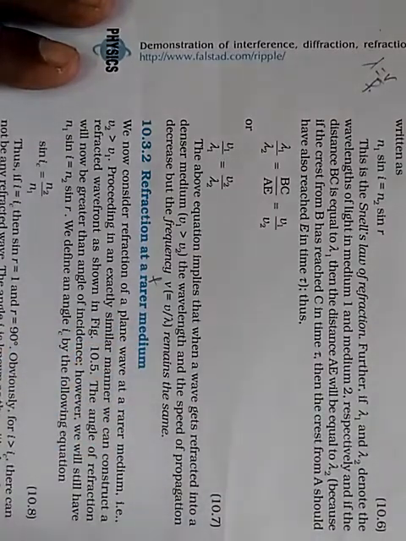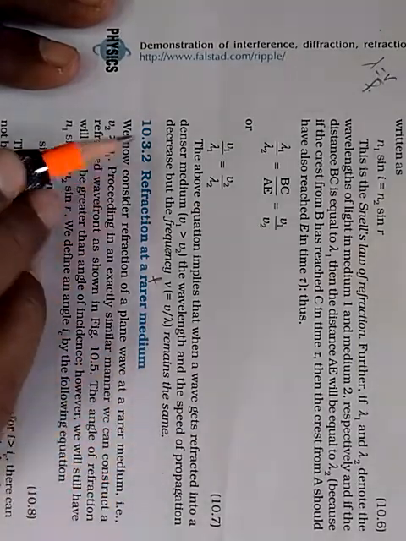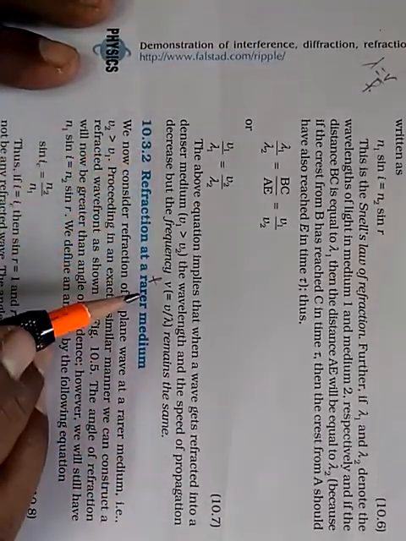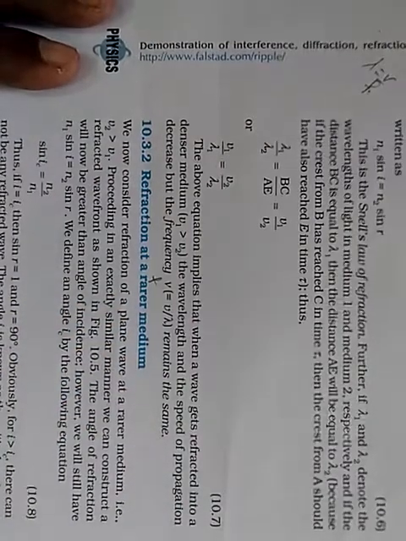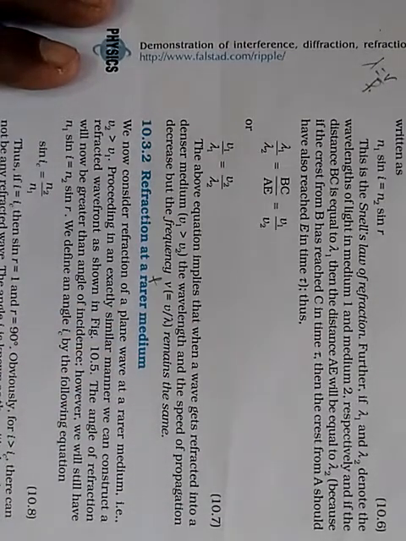It is not going to alter. That is, the wavelength and the speed of propagation decrease, but the frequency remains the same. This is the key point which we have to remember.